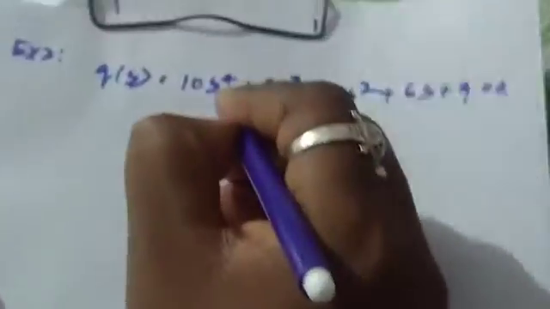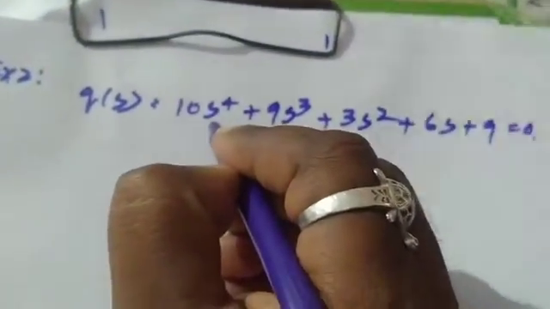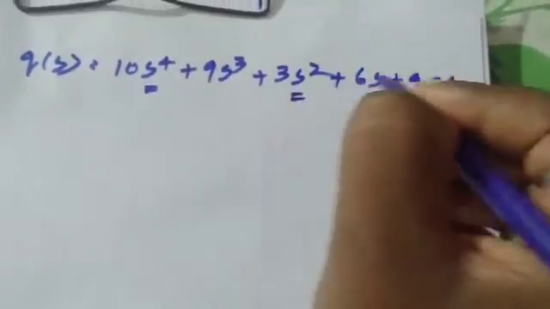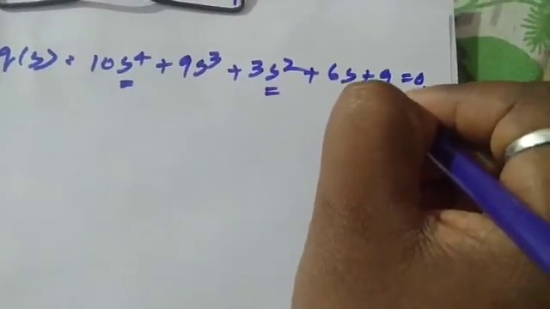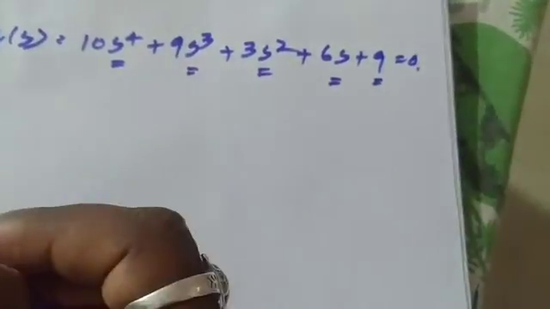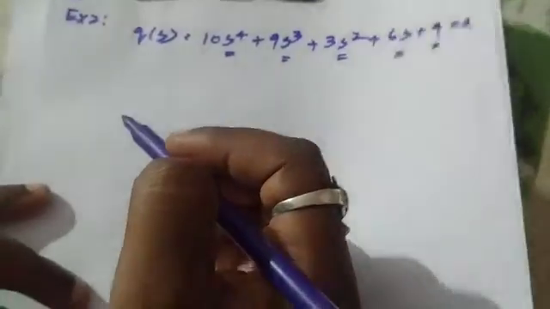From this characteristic equation you have to find the coefficients of all these terms. S^4, S^2 and the constant are the even coefficients, and S^3 and S are the odd coefficients.